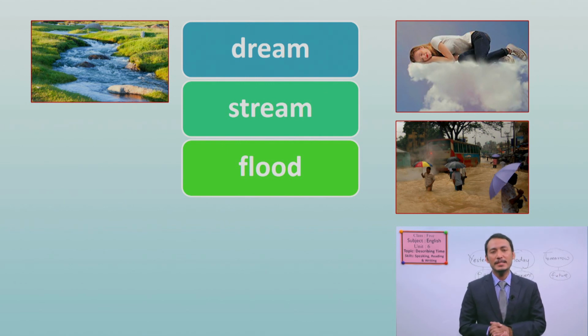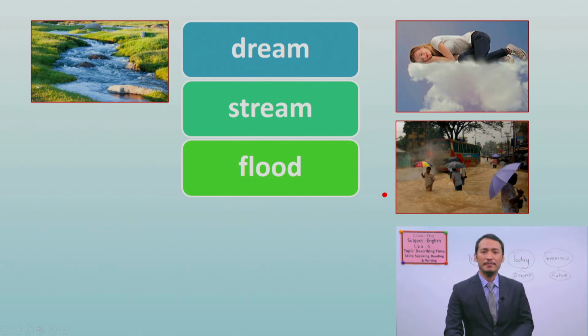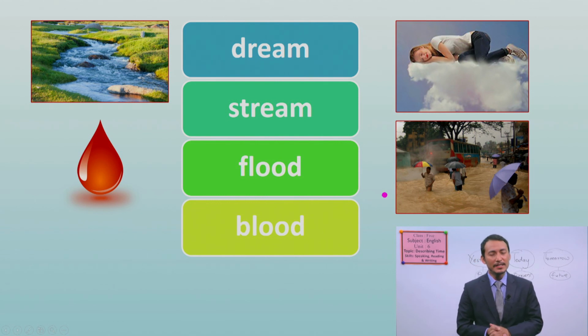Flood means when the water level rises, when there is much water, and it goes around your place or home or around the jungle or out of the stream, and that becomes a flood. That is what we call flood. Another word is blood. What we have in our body, we have blood. What is the color? Yes, the color is red.